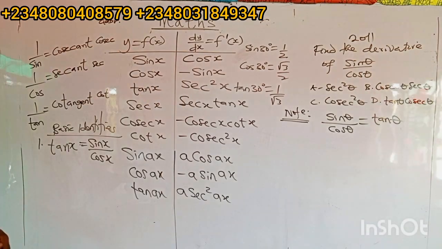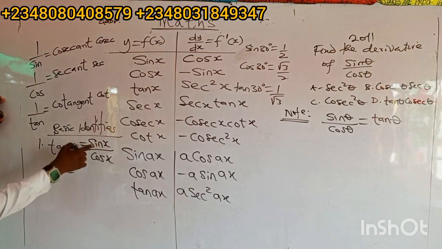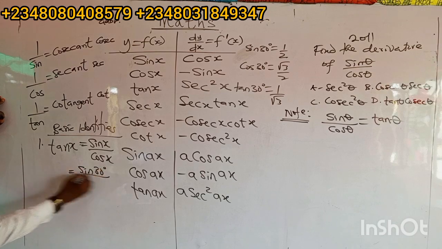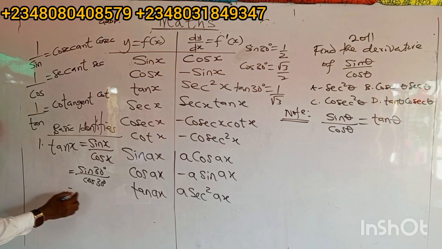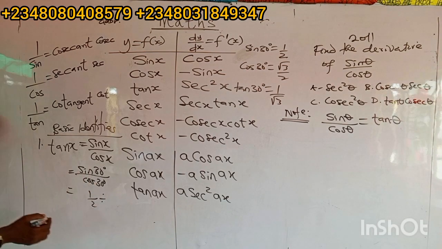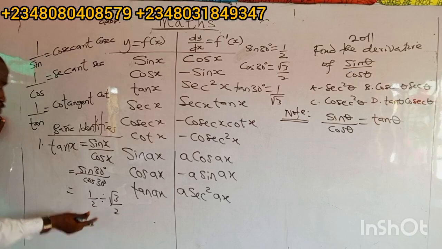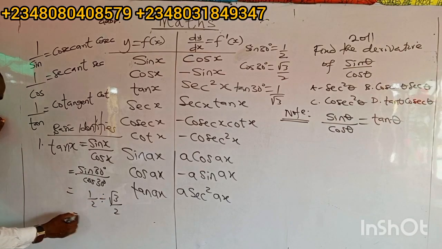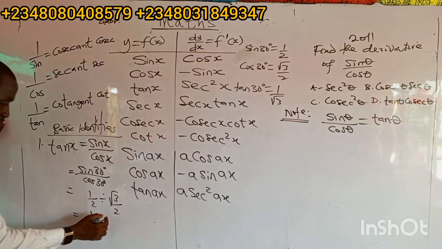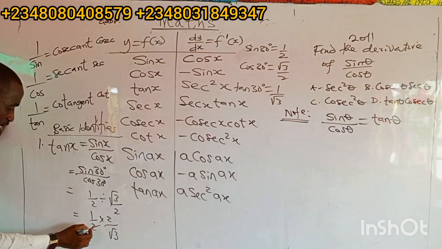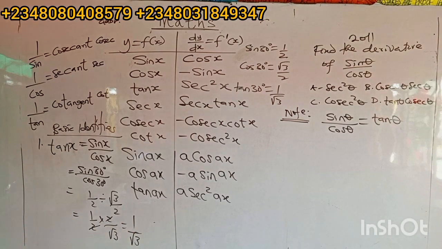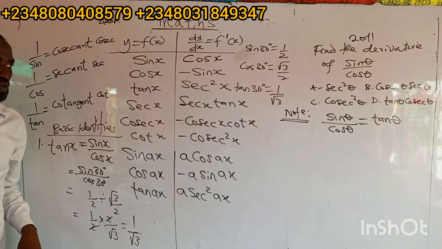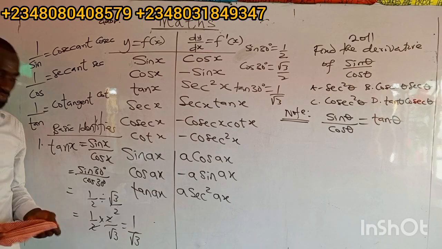Sin 30 over cos 30: what will it give us? Will it give us 1 over root 3? Sin 30 is 1 over 2, divided by cos 30, root 3 over 2. Change the division sign to multiplication: 1 over 2 times 2 over root 3. I have 1 over root 3. So it is confirmed that sine of something over cos of that thing will give us tan of that thing.